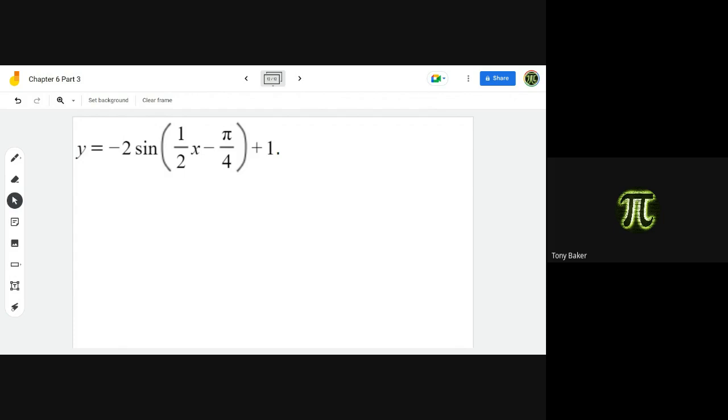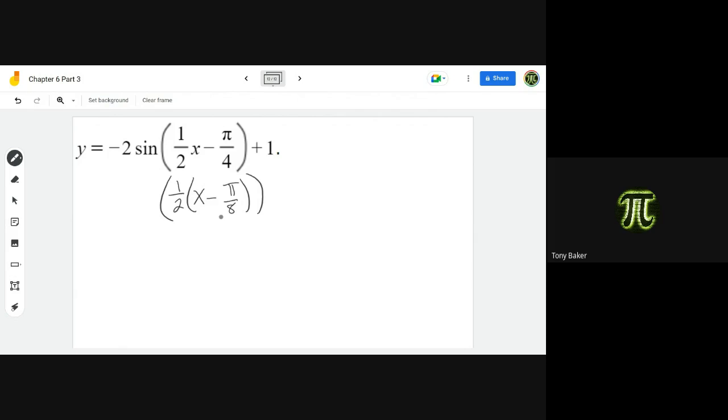But, so the first thing we're going to do is we're going to graph it. But we need to do something before we can graph it. Okay? I need to make a change inside the x. So I need to change this so that it's this. It's got to have the parentheses around it.